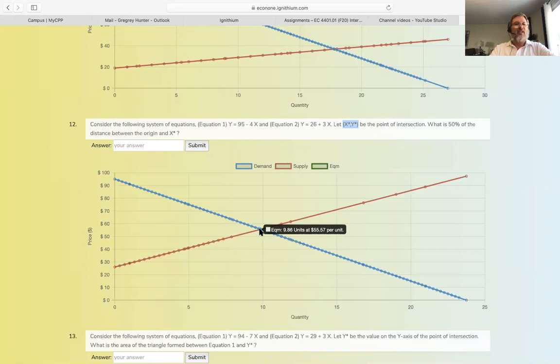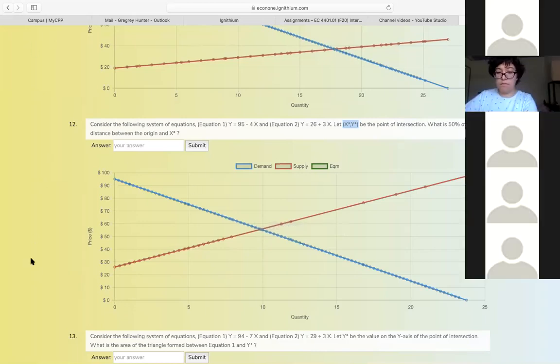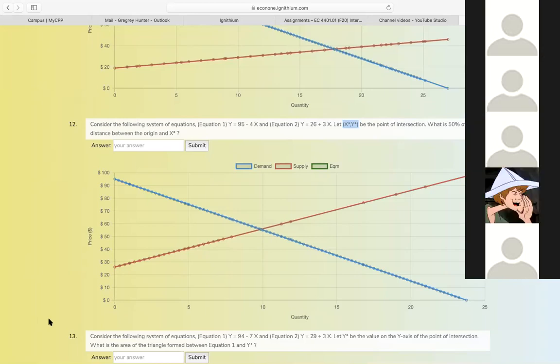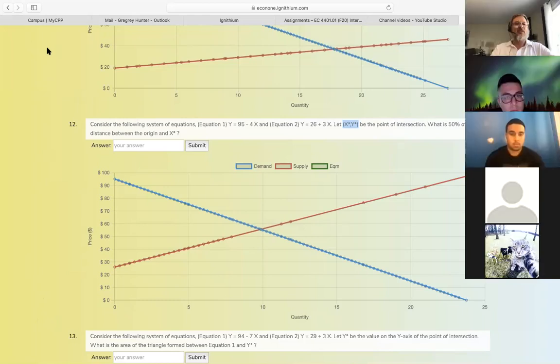So who wants to help with this one? Do we have a volunteer? Right here. Okay, who is it? Lawrence. Okay, Lawrence, tell us. Okay, so first we have 0, and then the equilibrium is 9.86.